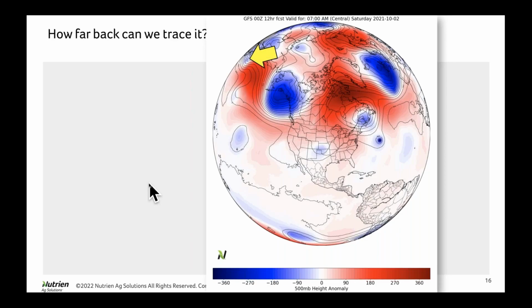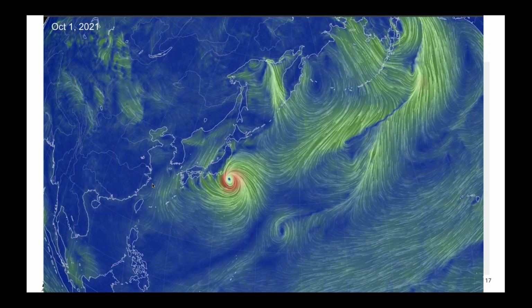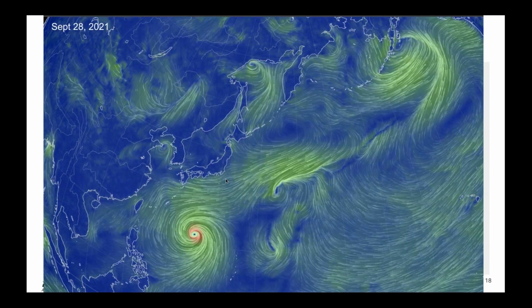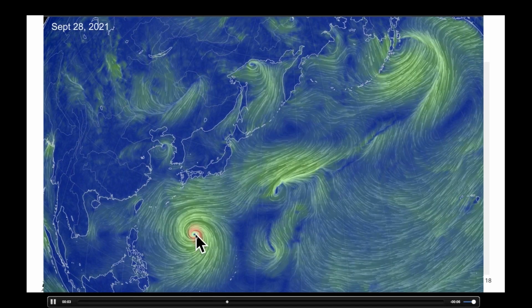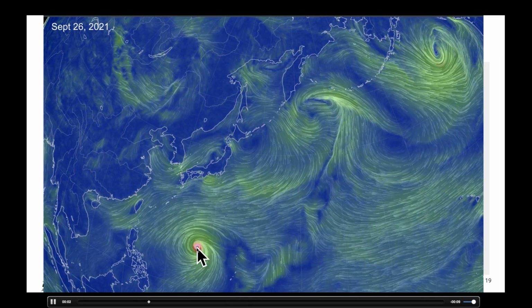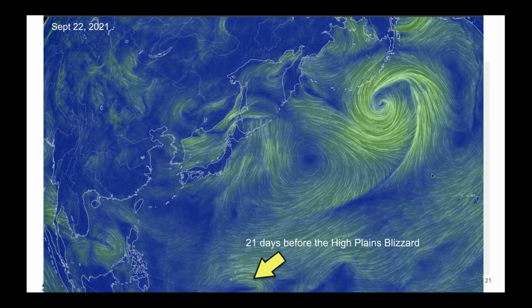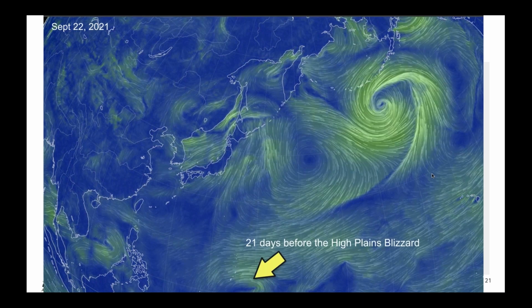Two days before that, on September 28th, it was north and east of the Philippines. Two days before that, on the 26th, it was right here. On the 24th, there. And on September 22nd, 21 days before this was a high plains blizzard, it was this little itty tiny break in the wind right there.